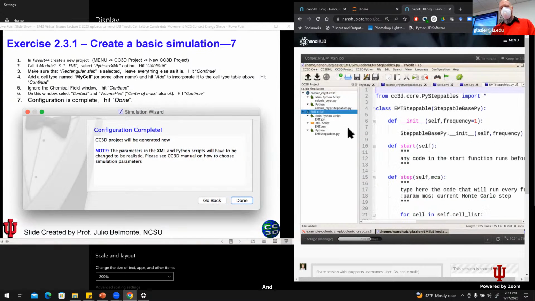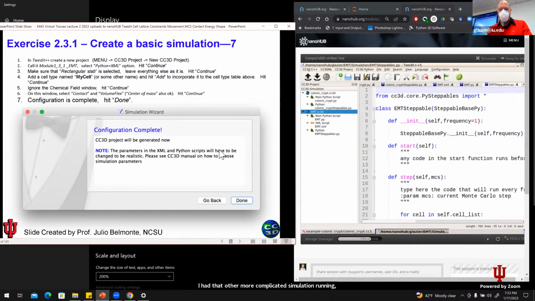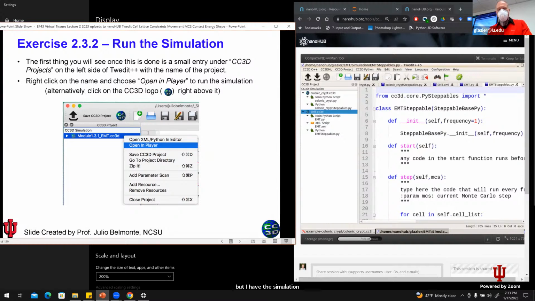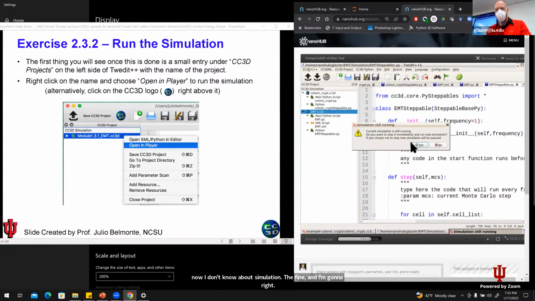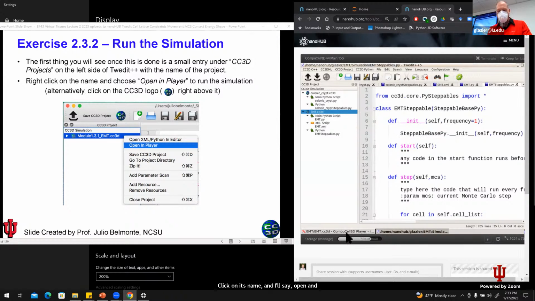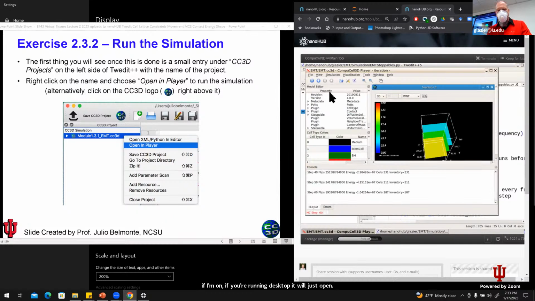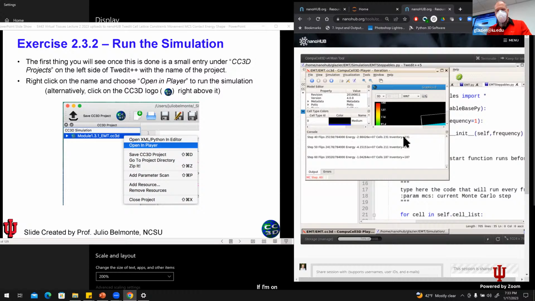I had that other more complicated simulation running, but I have this simulation here. And now I have that simulation defined, and I'm going to right click on its name and I'll say open in player. And if I'm running desktop, it will just open. If I'm on nanoHUB, it will start a new simulation.